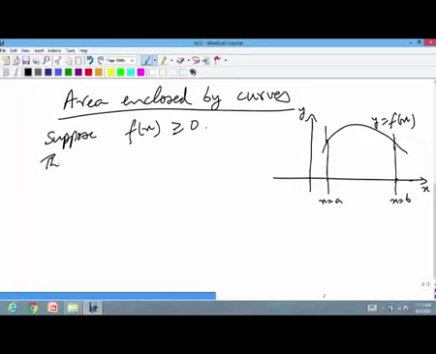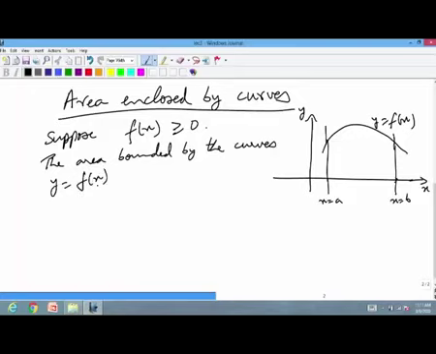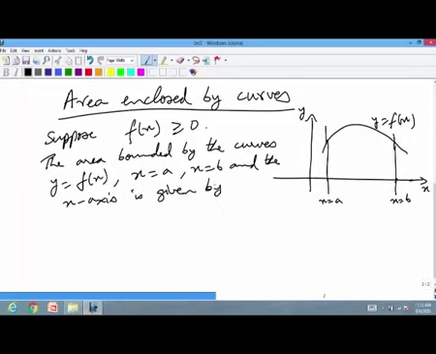So, the area bounded by the curve y equal to f x, the lines x equal to a, x equal to b, and the x axis is given by the definite integral from a to b of f x dx.